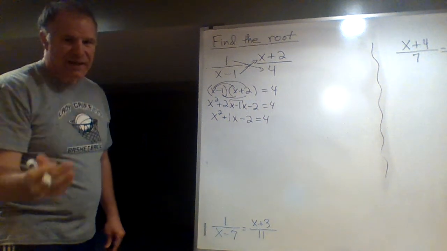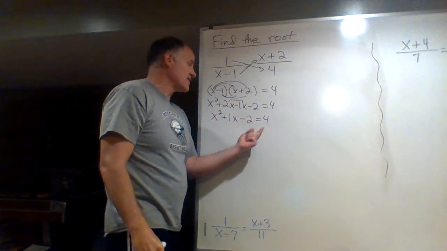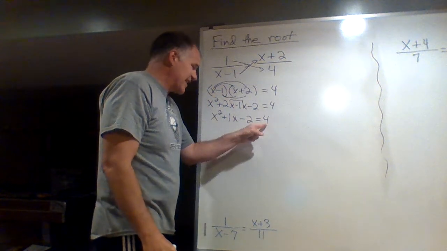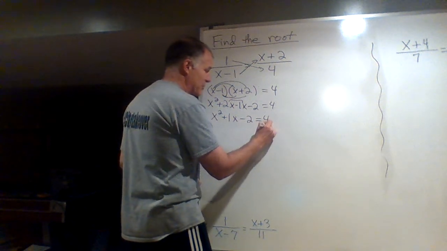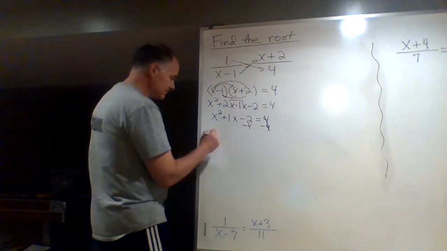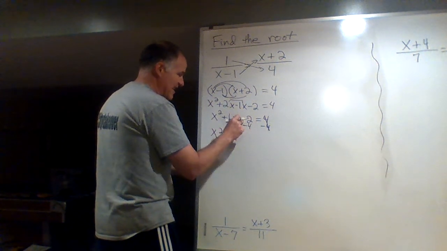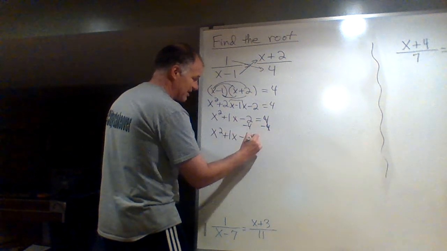Now guys, this is where you kind of have to go back to first semester. Remember, I cannot solve this unless I have a 0 right here. So I've got to cancel that 4 to become a 0. If it's a 4, then to cancel it into a 0, I do a minus 4. See that? So what do I have? I've got x squared plus 1x, and negative 2 and negative 4 will combine to a negative 6.